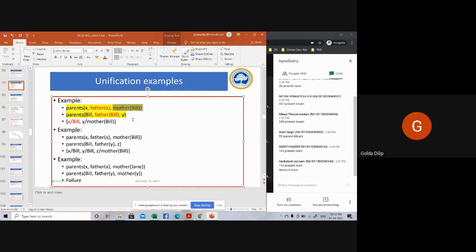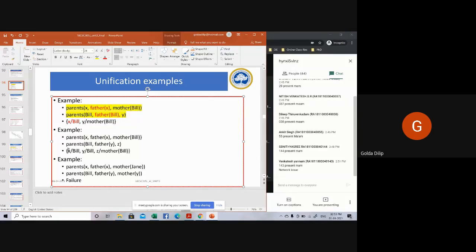So why do we do this is the question. Why are we doing this unification? Resolution becomes easier and more specific. That's basically the objective of unification. Inferencing becomes easier. You can see here parents of x comma father of x comma mother of Bill, parents of Bill comma father of y comma z.